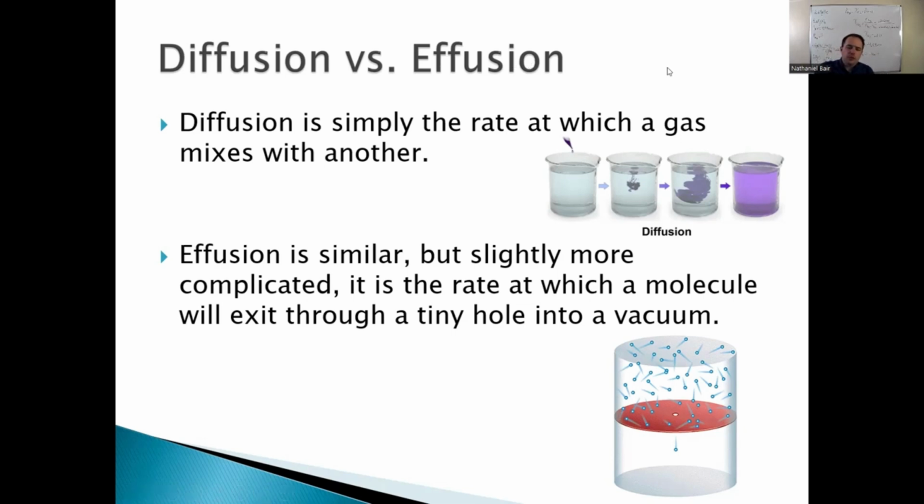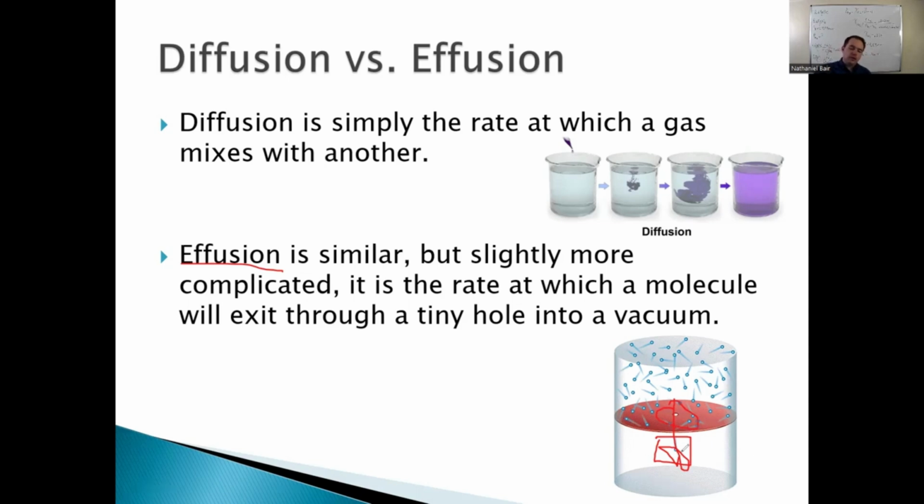You are probably not super duper familiar with effusion. Effusion is similar, but it is when a gas leaves through a tiny pin-sized hole into a vacuum. So a little different, right? It's still the movement of gaseous particles, but it is through a tiny pin-sized hole into a vacuum.